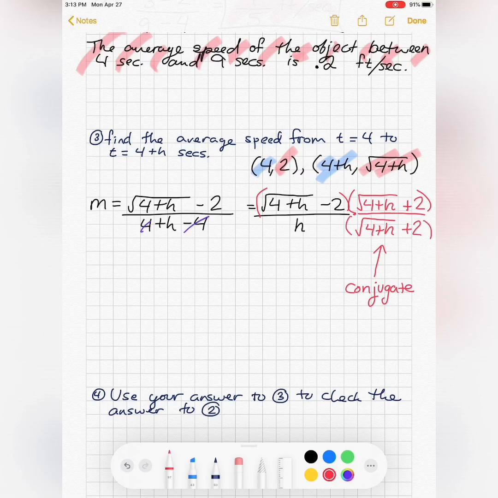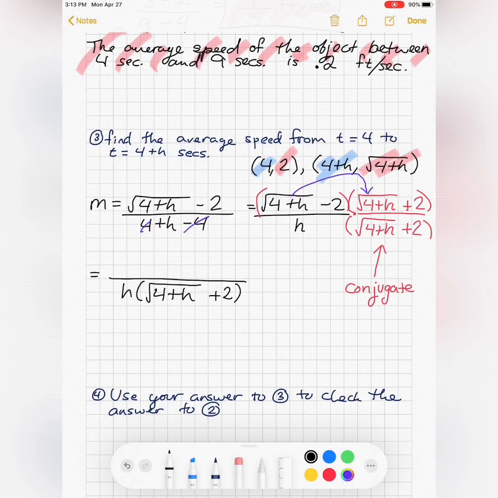Okay, so now the denominator, just multiply straight across. The numerator, I'm going to do a FOIL. So look, I'm going to multiply this root by itself.